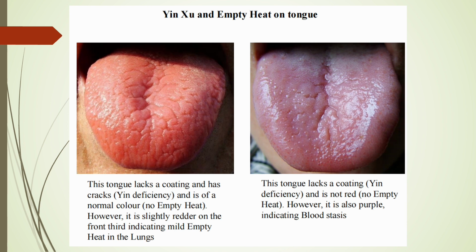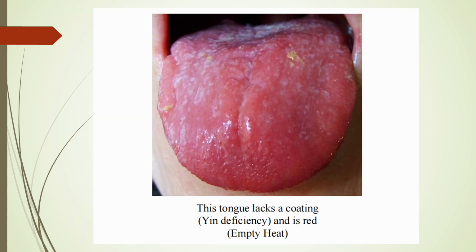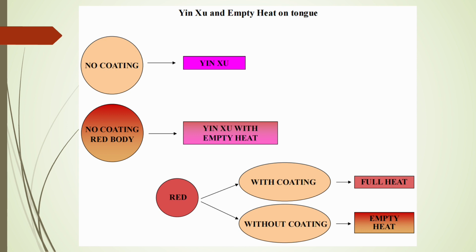However, it is also purple, indicating blood stasis. This tongue lacks a coating, yin deficiency, and is red, empty heat. No coating means yin deficiency. No coating, red body, yin deficiency with empty heat.